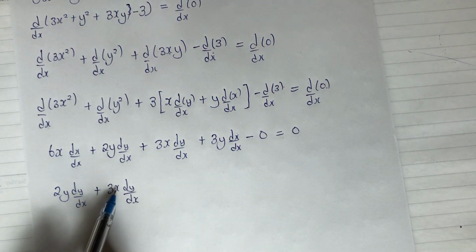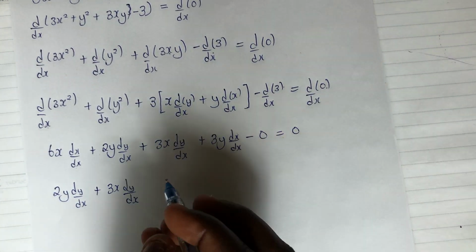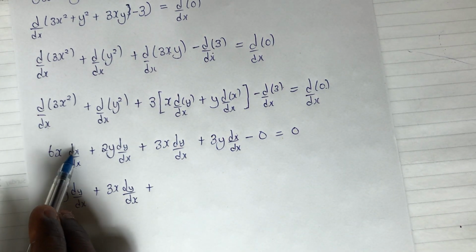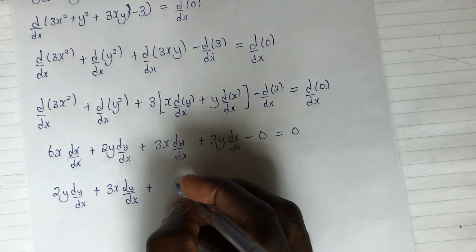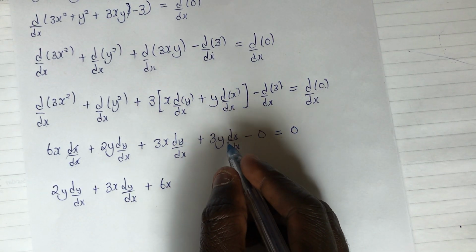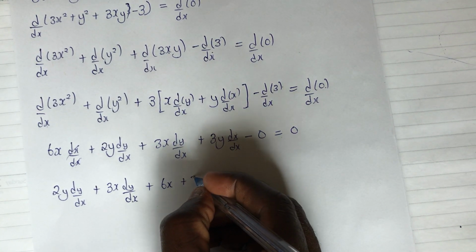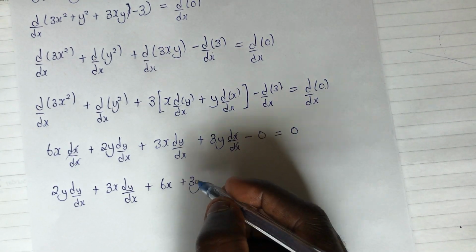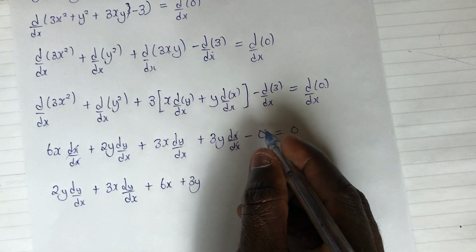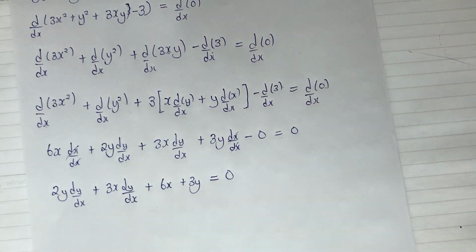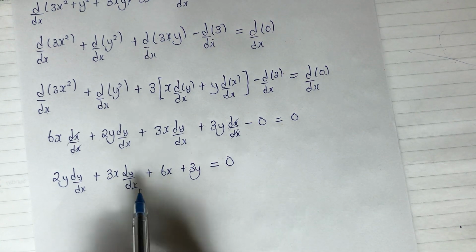You can choose to start with x or y, any of them is still correct. Then plus the remaining function, this is ds, it will cancel, giving me 6x. Then we are left with this one, plus 3y, this is ds, it will cancel, giving me 1. 1 times the function is the function, minus 0 is still the same, equal to what?